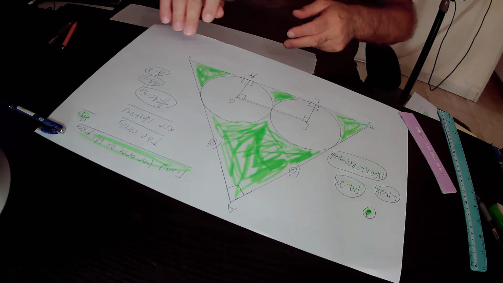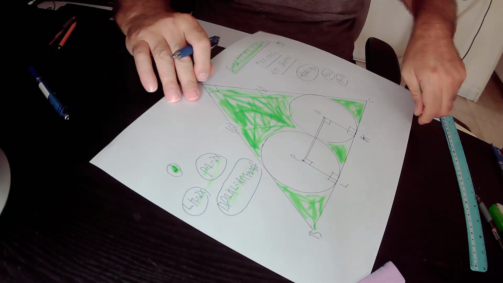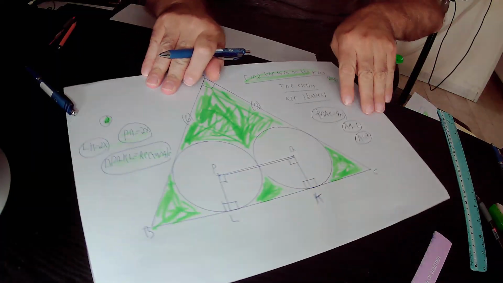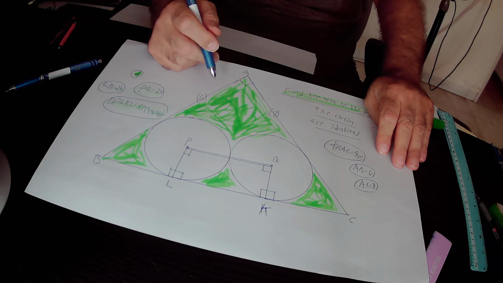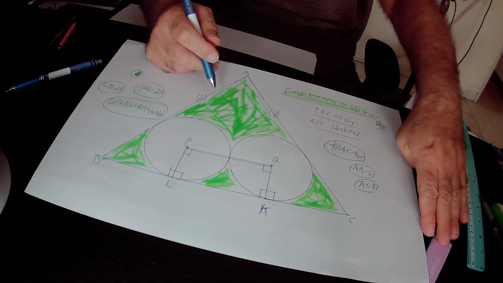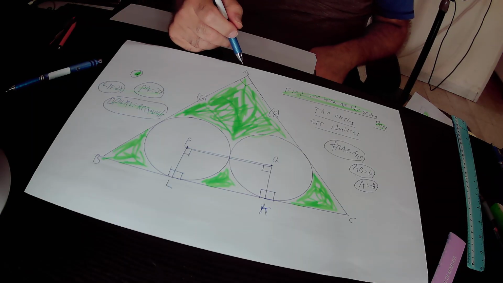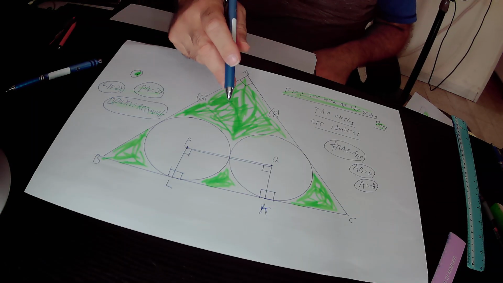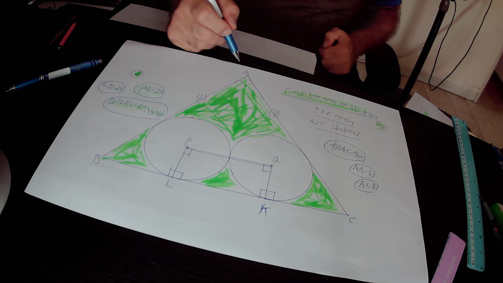In the next step, we already found out that the height to the base BC of triangle ABC equals h, and h equals 4.8 units in its length.